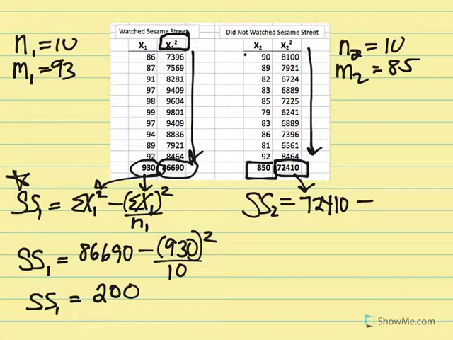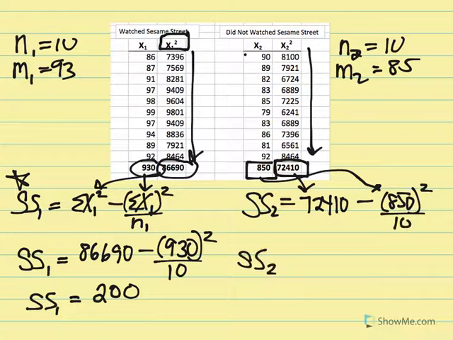So that's 72,410 minus the sum of x, which would be in the parentheses, 850. We're going to square that. Our sample size is equal to 10. So in your calculator, take 850, square it, divide by 10, and subtract it from 72,410. And what we should get here is equal to 160.